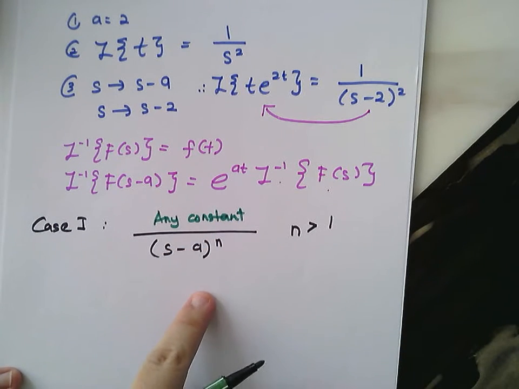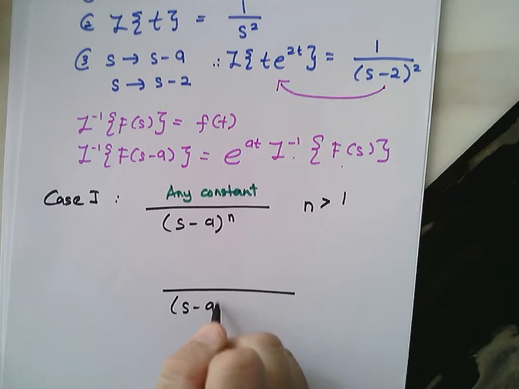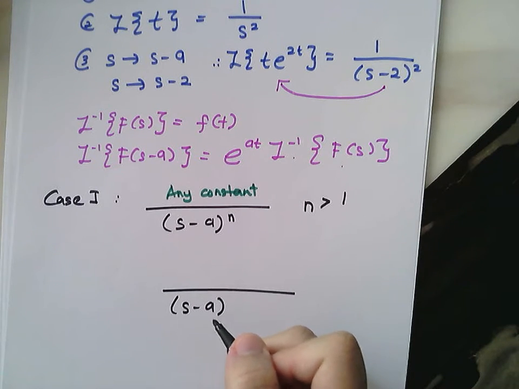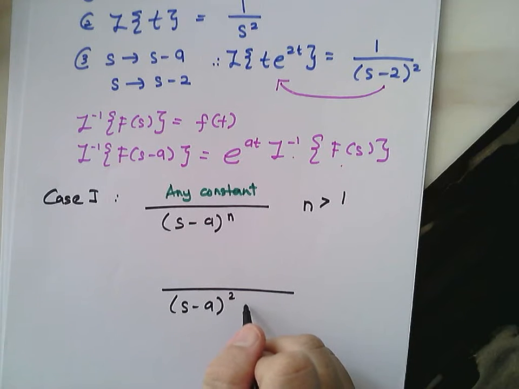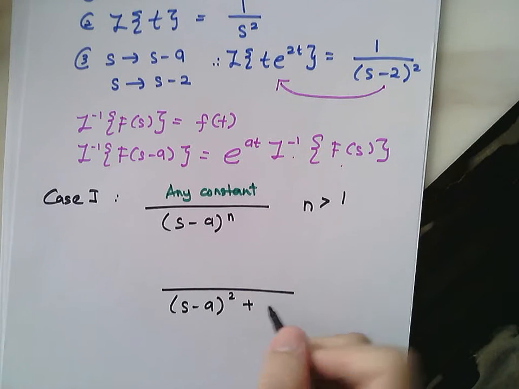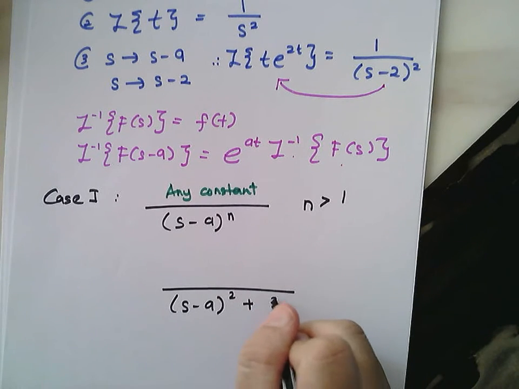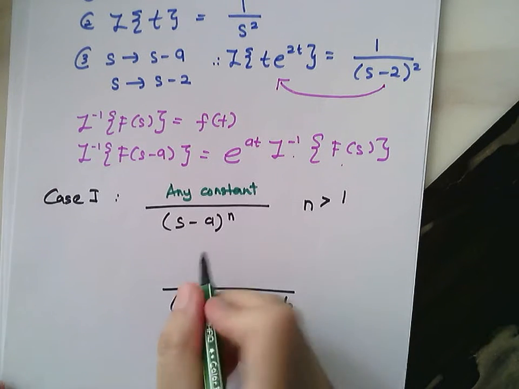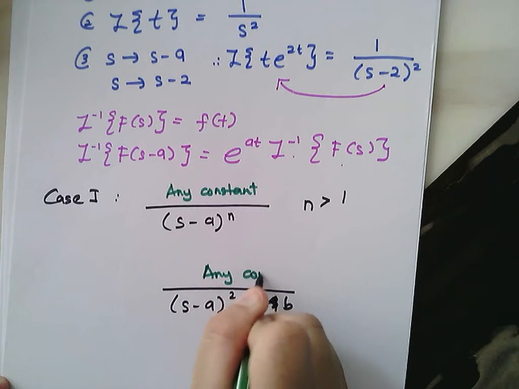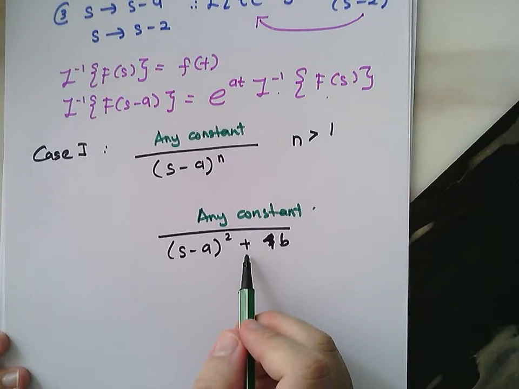Either in this form, or in the form of (s minus a) squared plus something, like say b, with any constant on the numerator, or you can have minus here.